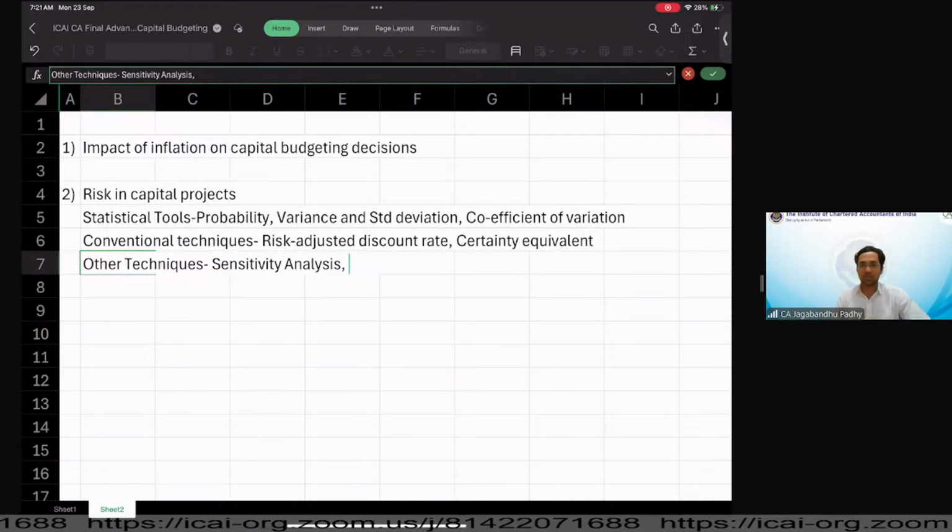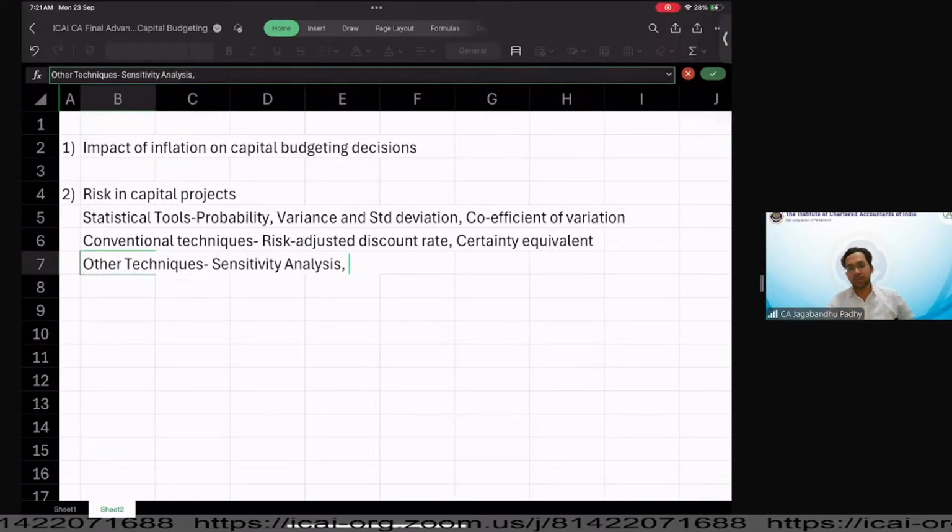So why do we do that, sir? Why do we need to know which of those factors are critical? Because we want to have control over it. If some factor is really sensitive, we would like to have proper control over that factor, so that the number doesn't go haywire, right? So that's your sensitivity analysis.